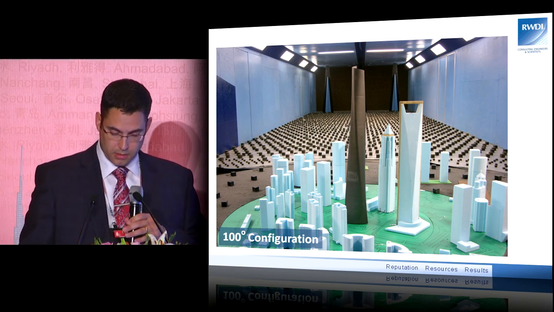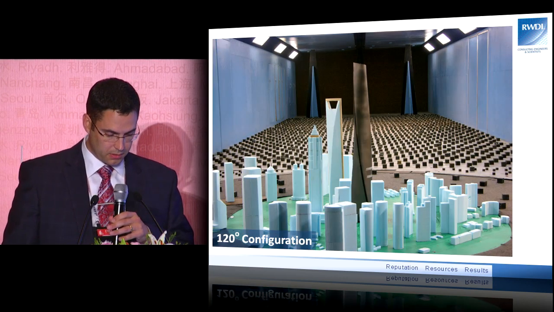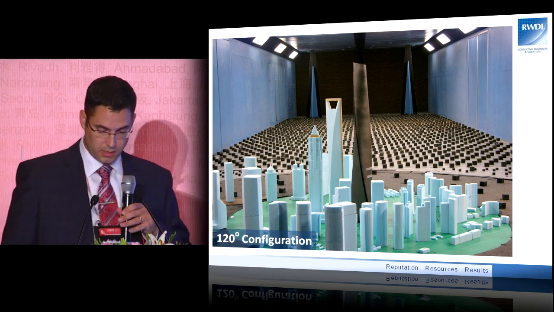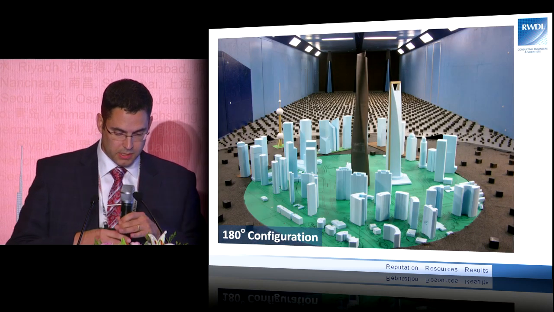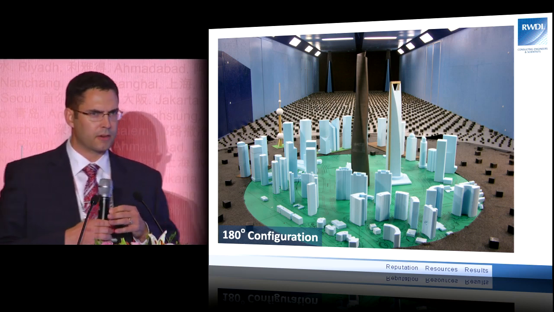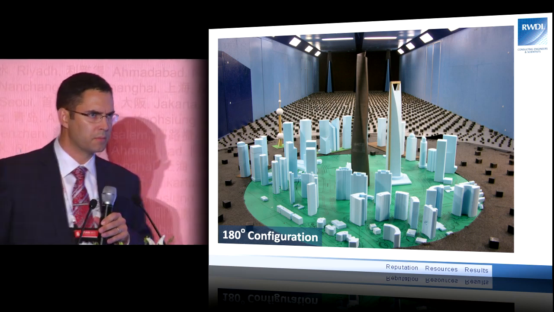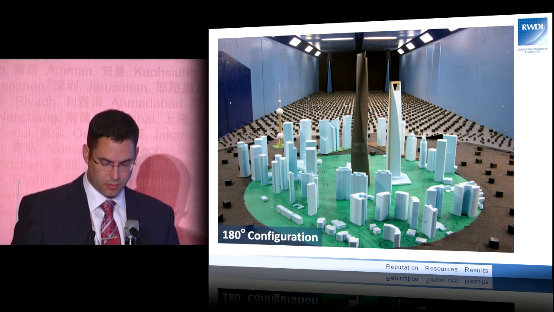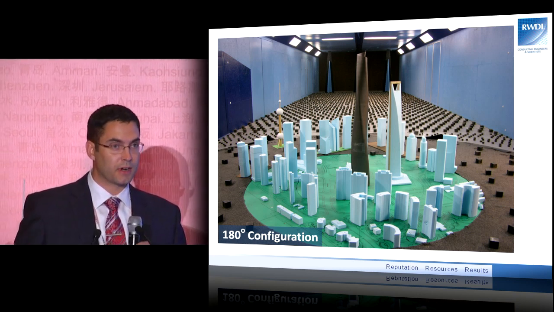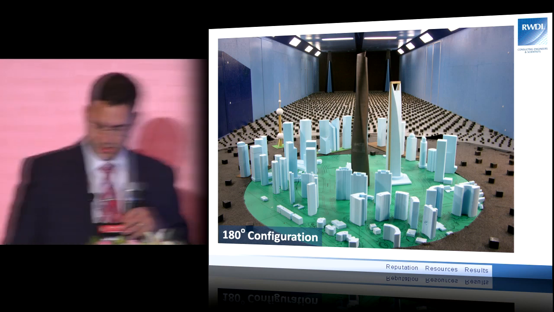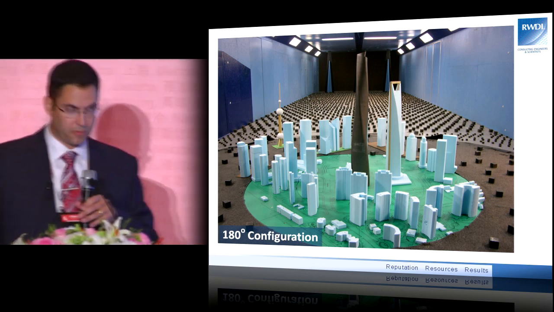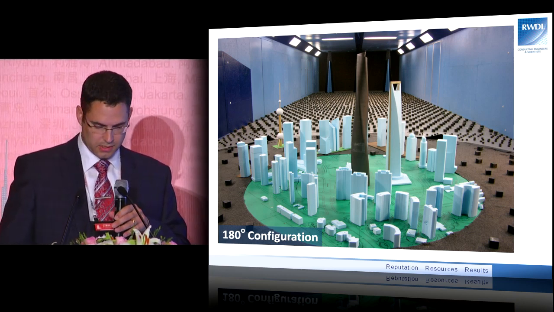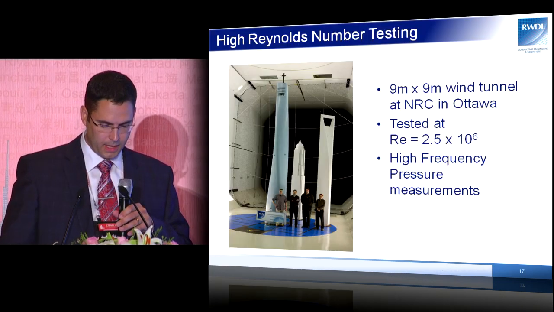So there was a 100-degree configuration, 120, which is the version that's under construction. But what we found is that this version with 180 degrees twist actually performed the best, with about an additional 10% reduction in load. But it's always a balance of architecture and client wish. And from a visual perspective, this was deemed not as attractive as the 120 degrees.